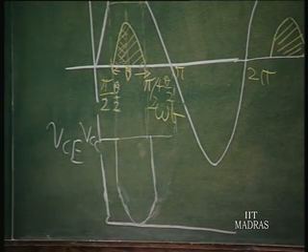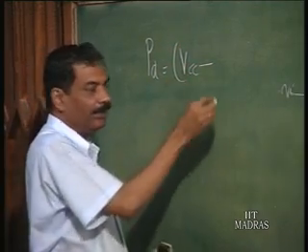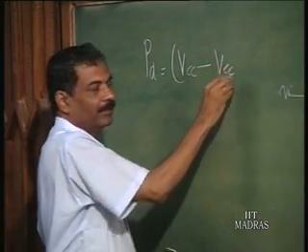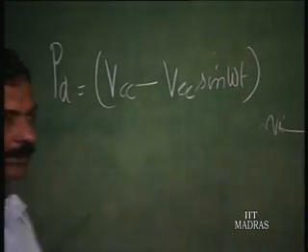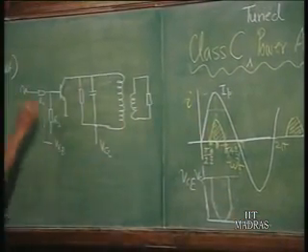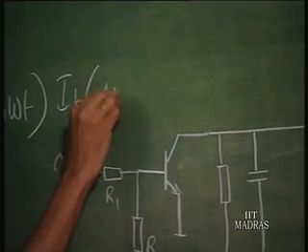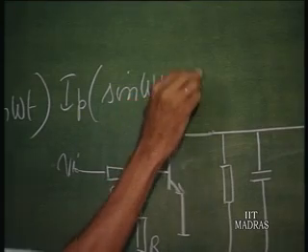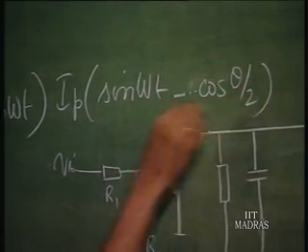That means, VCC minus, actually speaking it is Vp, which is assumed to be VCC itself, sin omega t. This is the voltage waveform here, that into the current waveform, which we already defined as I p into sin omega t minus cos theta by 2. This has been already defined.